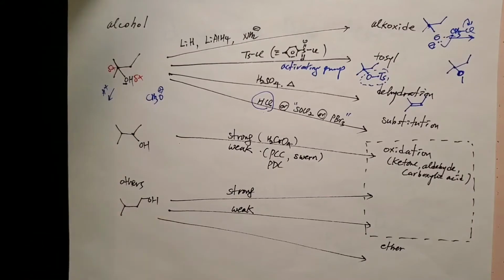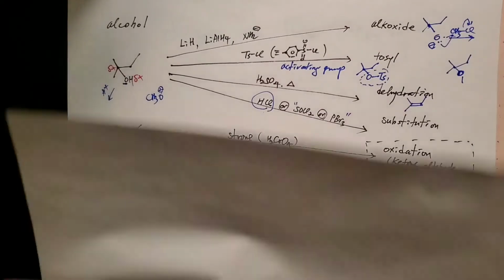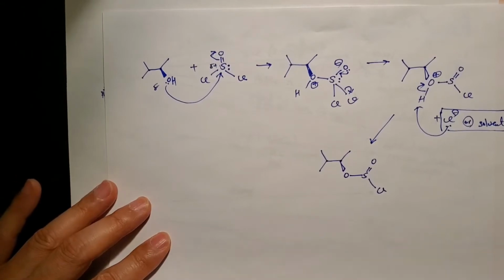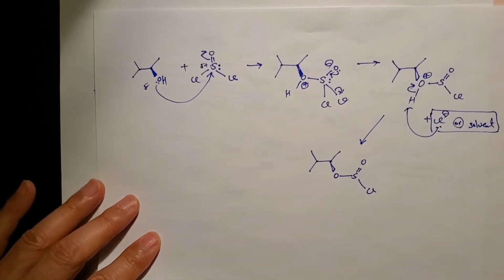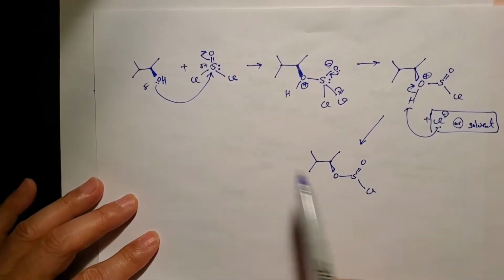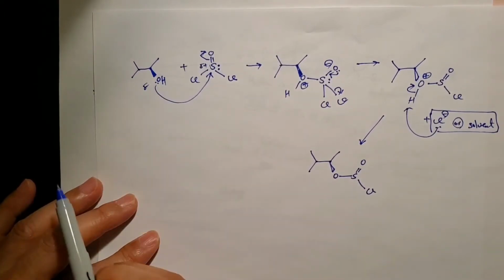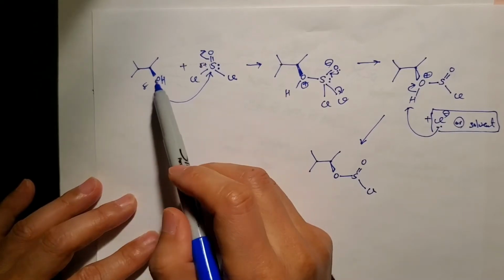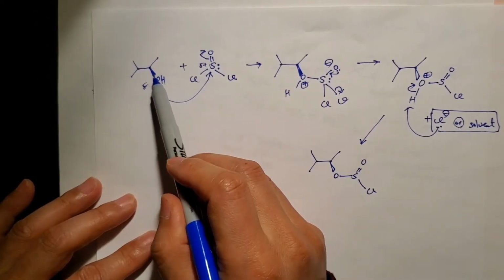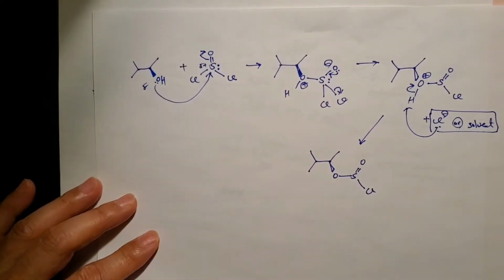So the mechanism, in order to save time, let me draw and show you in a minute. Okay, before I go more into drawing the mechanism, let me show you this much first. I chose the secondary alcohol to point out the changes on the chiral center.